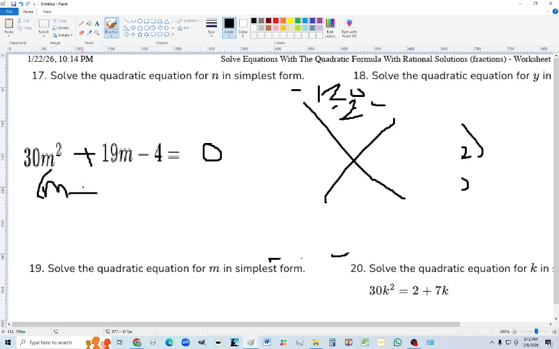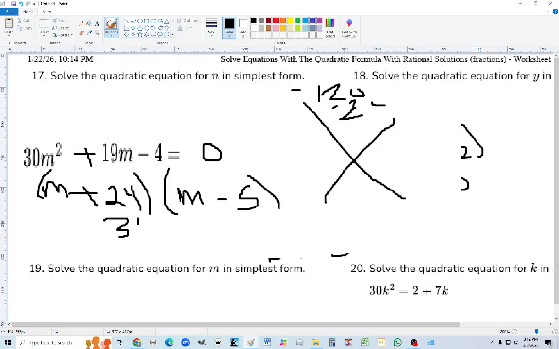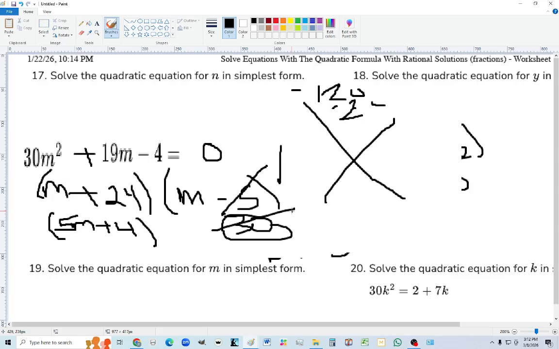M plus 24, m minus 5. If I divide this by 30, they're both divisible by 6. This becomes 5 and this becomes 4. So you get 5m there. When I divide this by 30, they're both divisible by 5. This becomes minus 1.